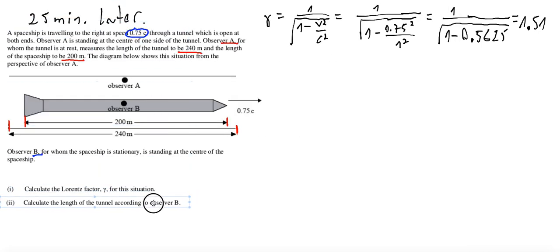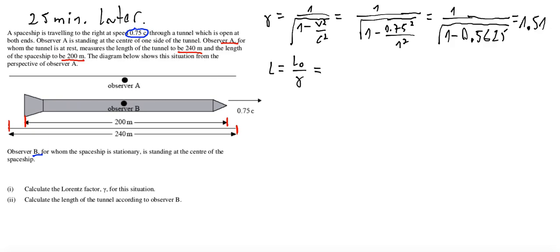Okay, so let's look. Observer B is in motion relative to the tunnel. So for him, yes, the length of the tunnel is not proper. Observer A measures the proper length of the tunnel, so it will be L0 divided by the Lorentz factor. For A, the length of the tunnel is 240.